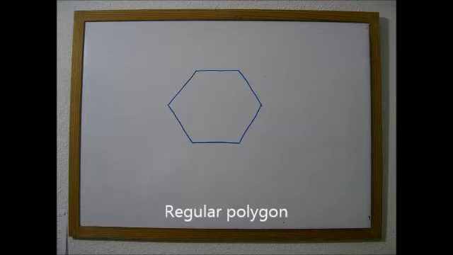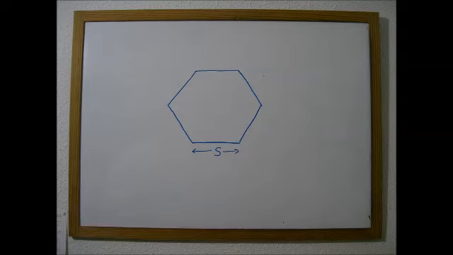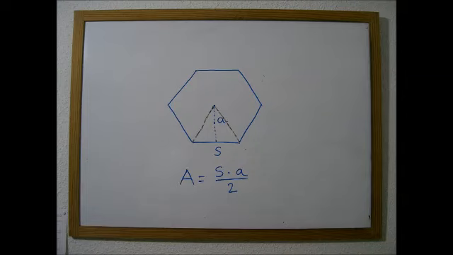For a regular polygon, any number of sides, we need the length of one side and the distance from the center of the polygon to the center of the side, which is what we call the apothem. With the apothem on the side, we can see here that we have a triangle, and we can find the area of this triangle, which is base times height divided by 2, so S times A divided by 2.